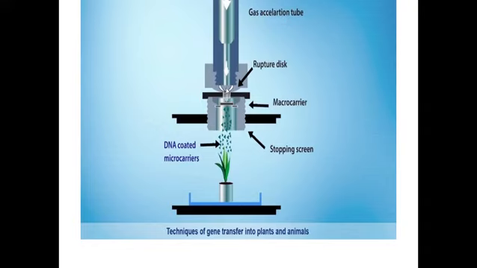When we apply pressure on the target DNAs, they move speedily from the capillary tube and reach the target plant cells. The target plant cells receive them. This type of technique is called microinjection.